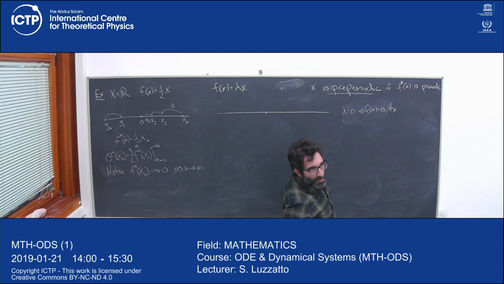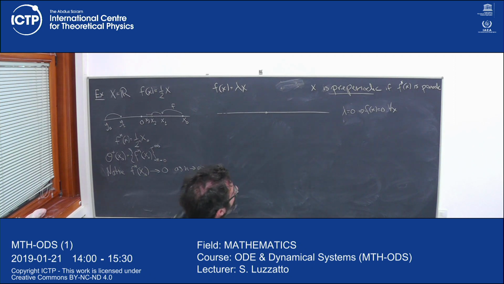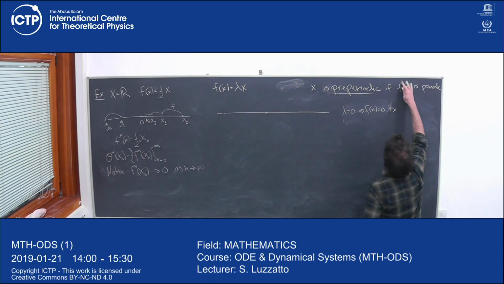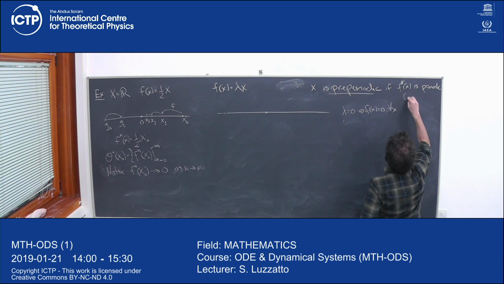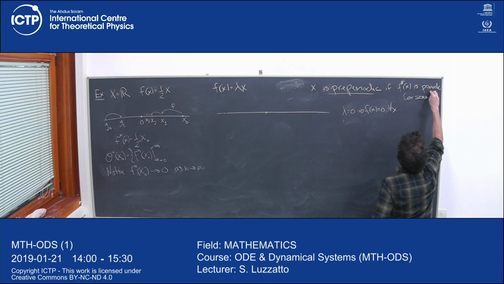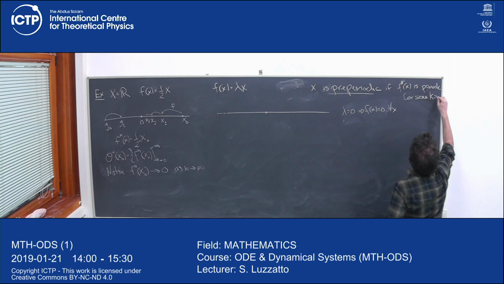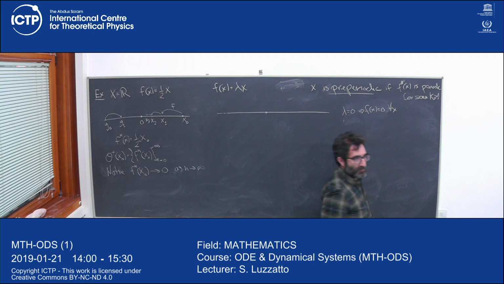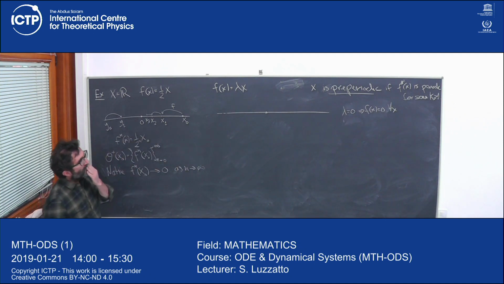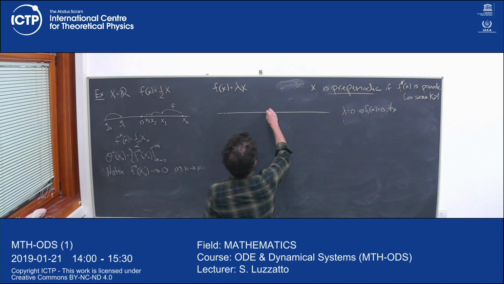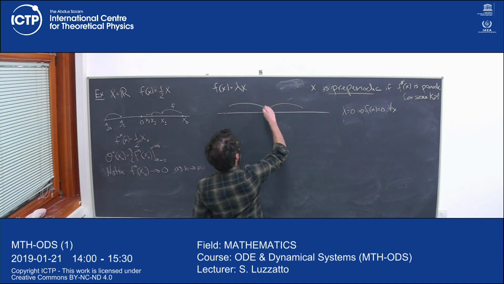So f^k of x is periodic for some k greater or equal to 1, if it lands on a periodic point. Yes. Here everything just maps to 0.